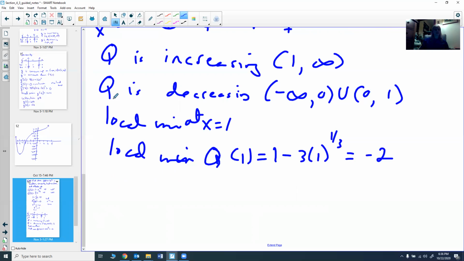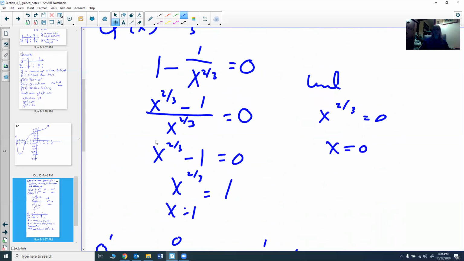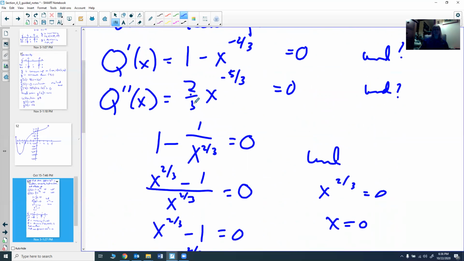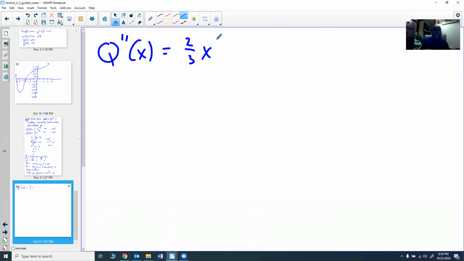Now let's go find concavity. So that means we're looking at the second derivative. So let's take our second derivative, which was 2/3 x to the -5/3. We want to know where the second derivative is 0 and also where it's undefined.